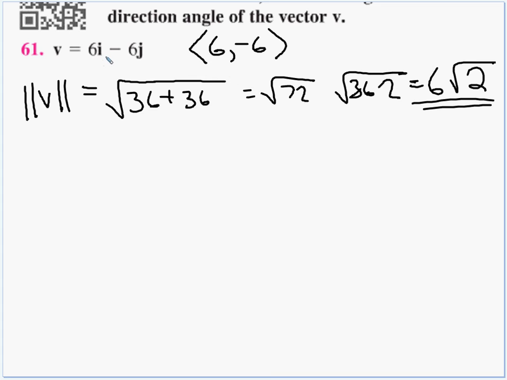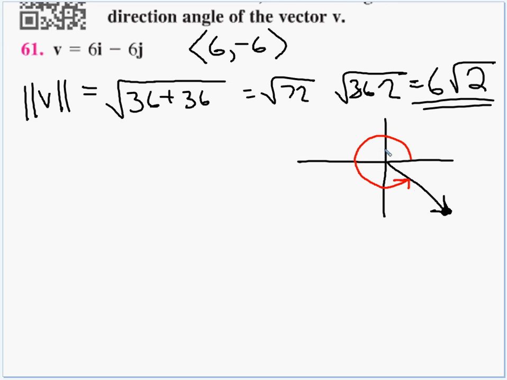So there's our magnitude, and now we want to find the directional angle. First, let's be extra cautious and sort of graph this point. 6, -6, so we're going to go over 6, down 6. So here is our orientation in the plane. The angle, remember, we always start in standard position and go this way.